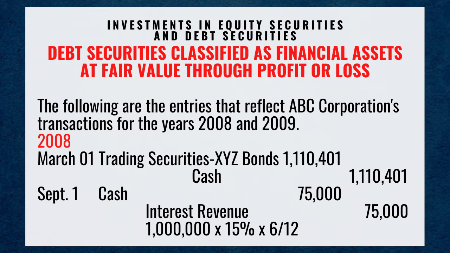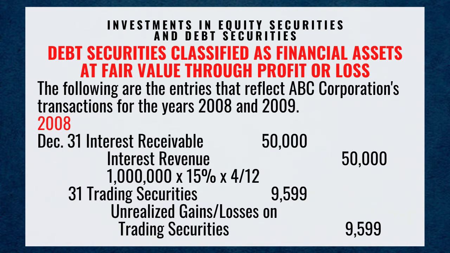Credit interest revenue, 75,000 pesos. 1 million times 15% times 6 divided by 12. December 31st, debit interest receivable for 50,000 pesos. Credit interest revenue for 50,000 pesos. 1 million times 15% times 4 divided by 12.